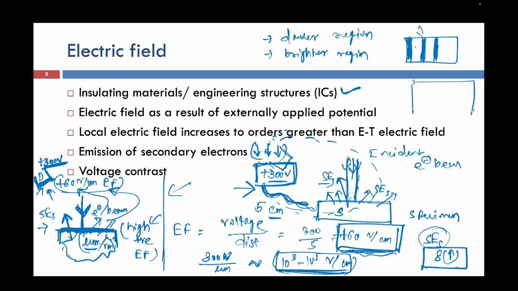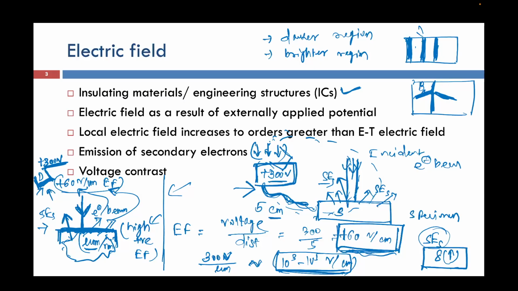You can also get, let's say, this is your dark area, then again some dark area, this is your bright area, this is your bright area, this is again a dark area. So based on whichever section your secondary electrons are coming from, you will get your microstructure based on some dark regions and some brighter regions.